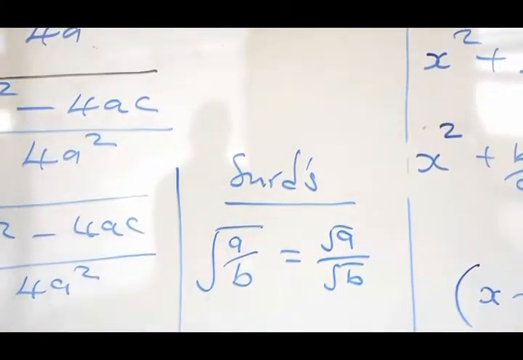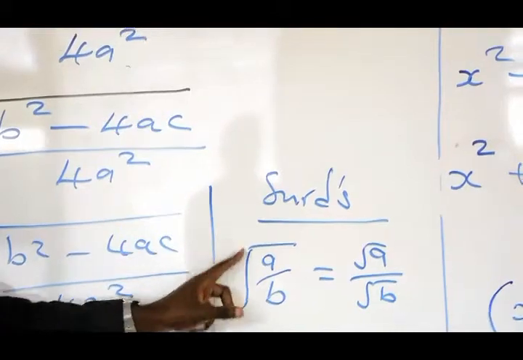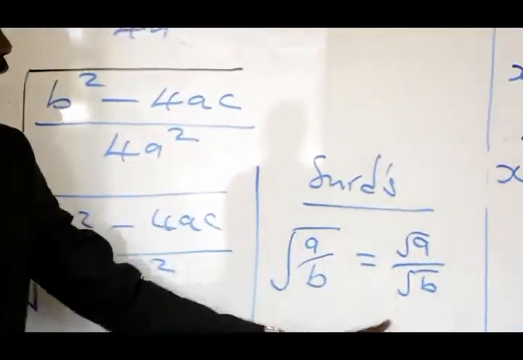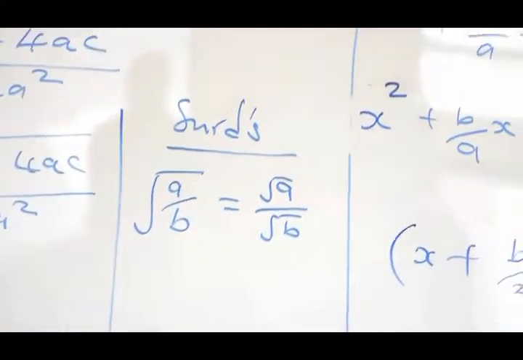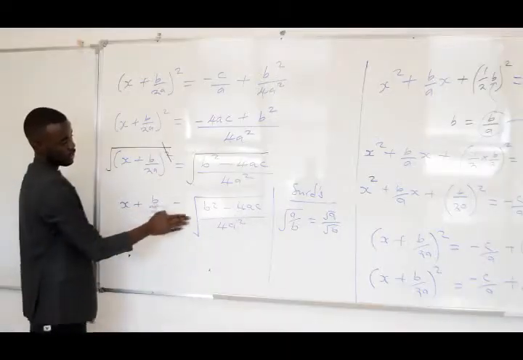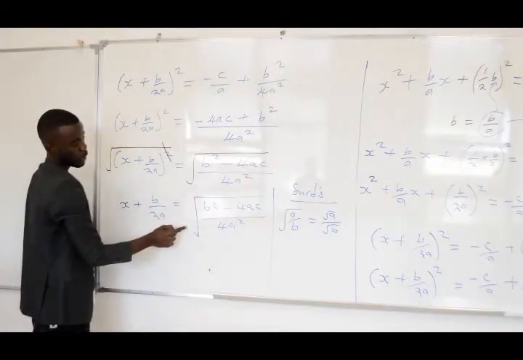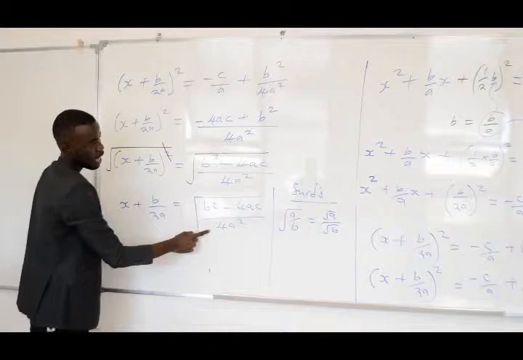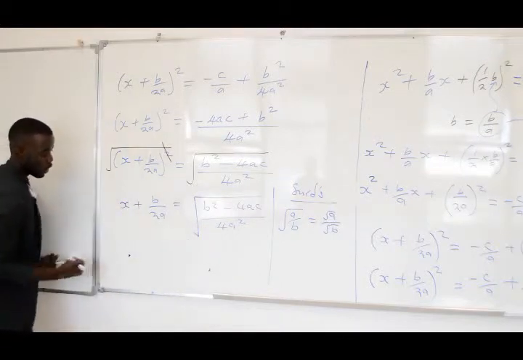It's the same meaning, because this root is for both the numerator and the denominator, so you can separate them like this. So now at this stage, how are you going to handle it?